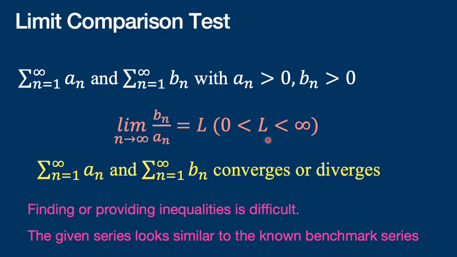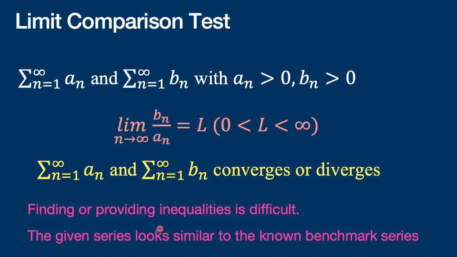The L value is supposed to be between 0 and infinity. Our conclusion is that the two series have the same behavior: both converge or both diverge. That's the limit comparison test. When do you use it? When it's very hard to prove or check the inequality, when it's hard to compare two sequences, then we use the limit comparison test.